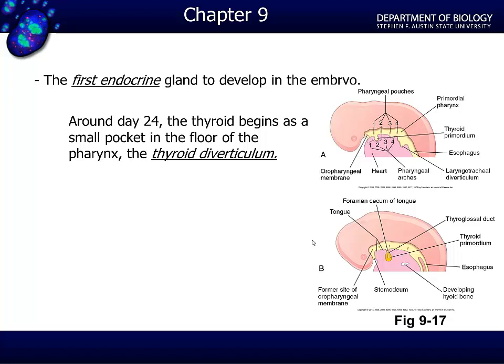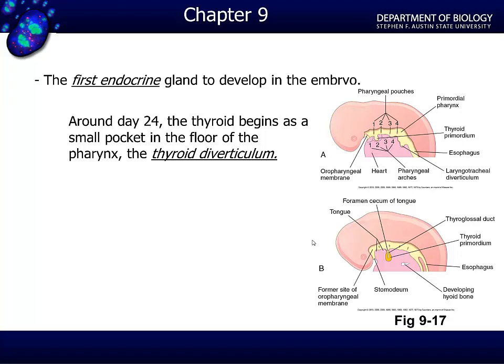But we're going to see that in the floor of the pharynx, around day 24, we're going to see an outpocketing of tissue. And this endodermal tissue, this outpocketing, is going to dive down into the underlying mesodermal tissue as the thyroid diverticulum. Now, a diverticulum is a blind-ended pocket off of the esophagus and the digestive tract.